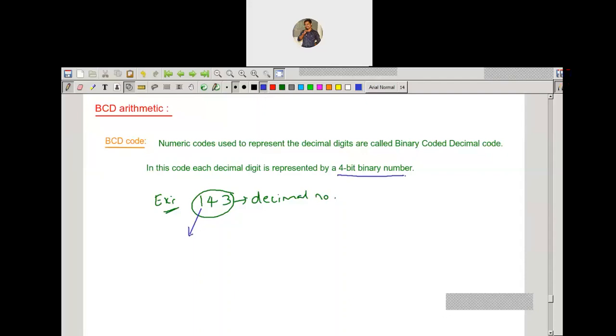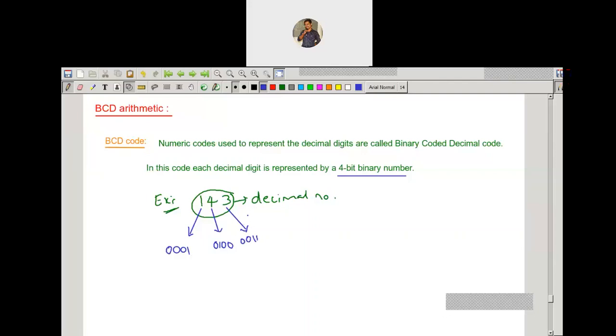You can observe the second point here. In this code, each decimal digit is represented by a 4-bit binary number. So 1 can be represented by 0001, 4 will be 0100, and 3 will be 0011, right?